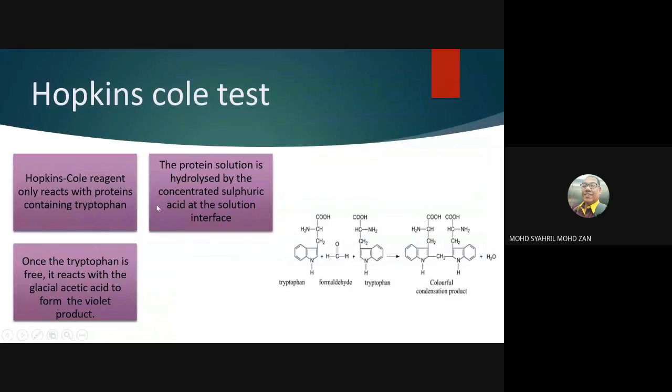Hopkins-Cole test. The Hopkins-Cole reagent only reacts with a protein containing tryptophan. Once the tryptophan is free, it reacts with glacial acetic acid to form a violet product.